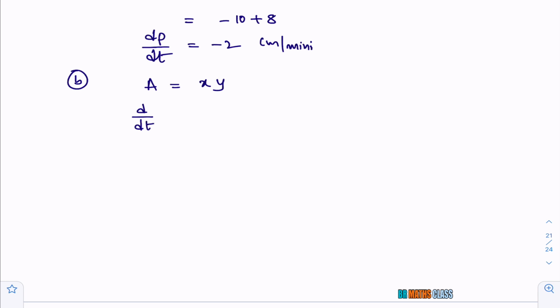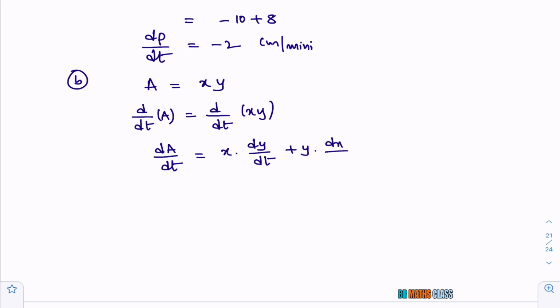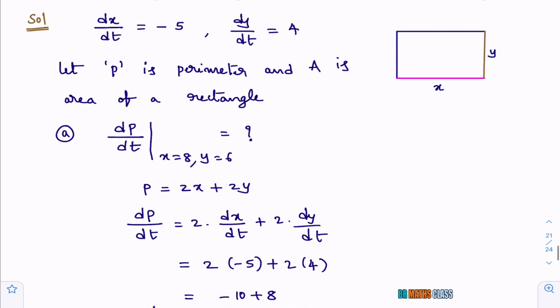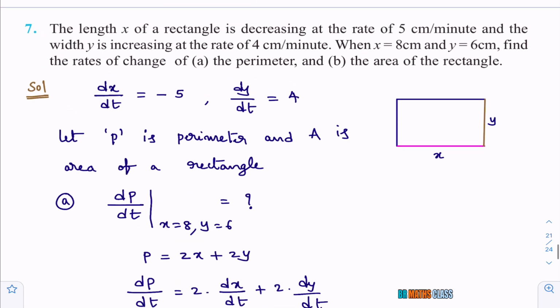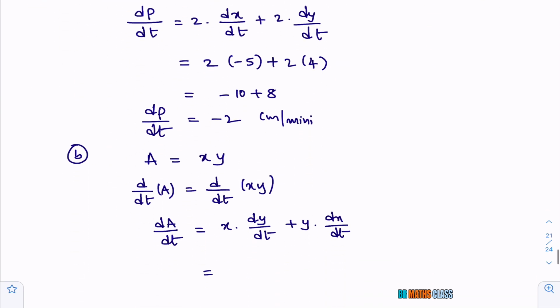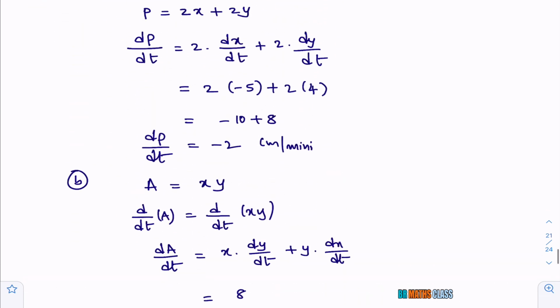d by dt of A equal to d by dt of xy. That is, d by dt of A, which is nothing but dA by dt, equal to x into dy by dt plus y into dx by dt. Okay, in the question they are saying x equal to 8, y equal to 6, they have given x equal to 8, y equal to 6, I'll substitute. dy by dt is already given in the question.